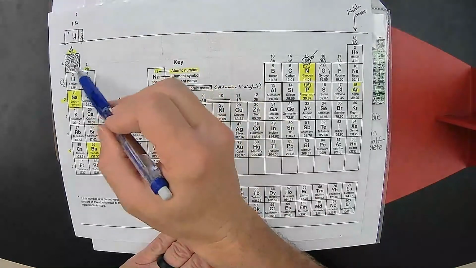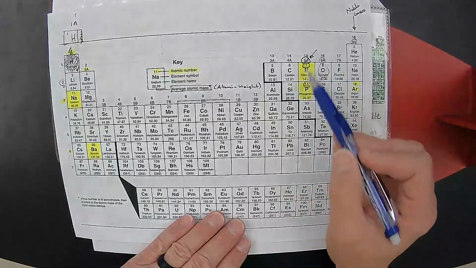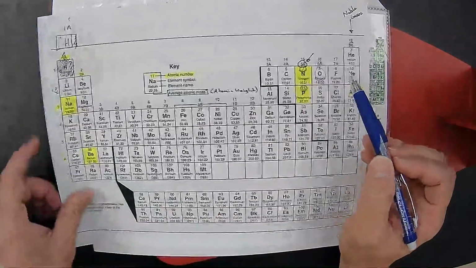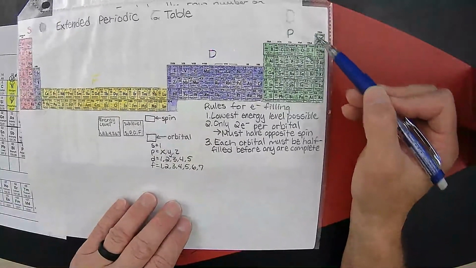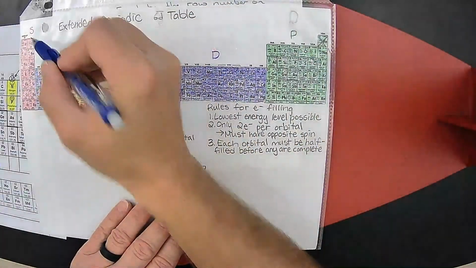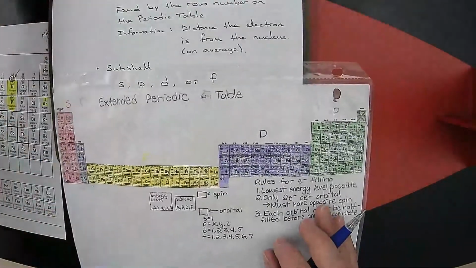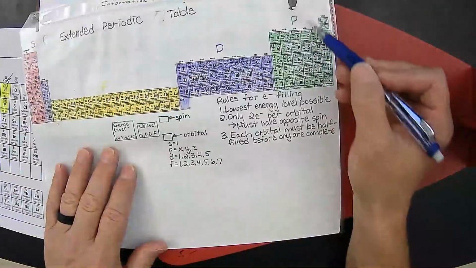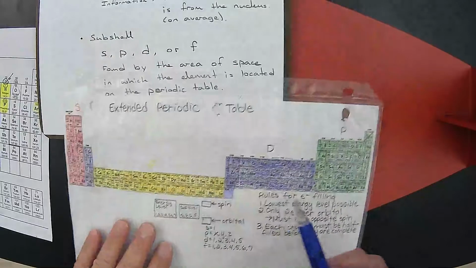So we just have to remember it is a non-metal. It belongs on this side with all the non-metals. Well, for quantum mechanics, we need to realize that helium actually belongs over on this side. So notice there are 4 areas of space: the S, the P, the D, and the F.